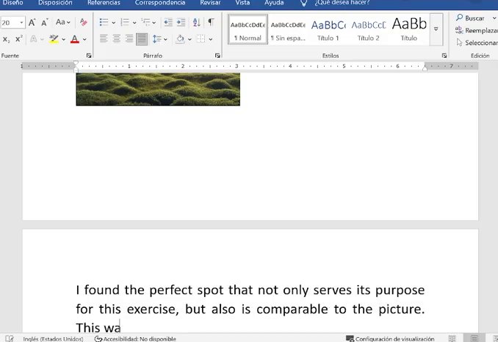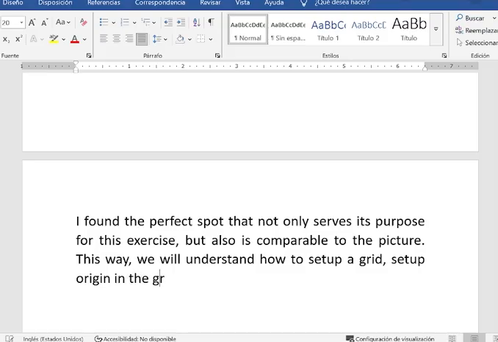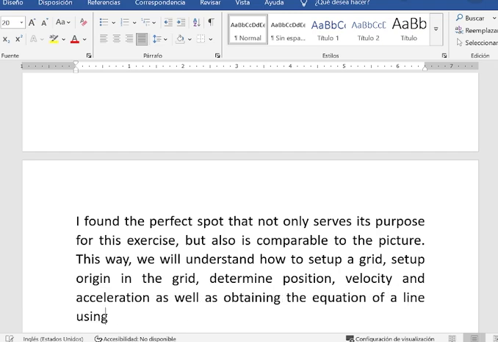This way, we will understand how to set up a grid, set up origin in the grid, determine position, velocity, and acceleration, as well as obtaining the equation of a line using real life data.